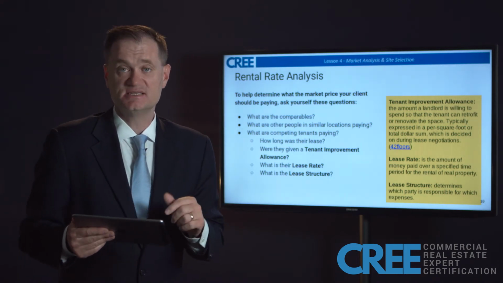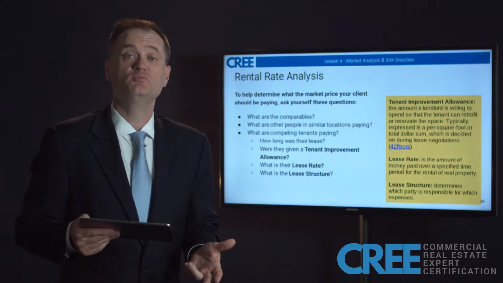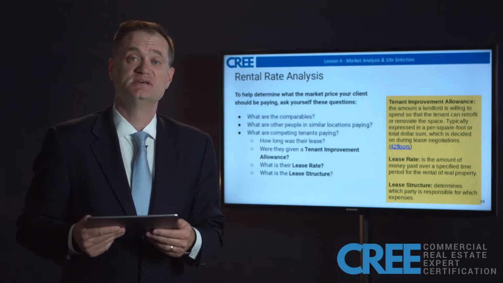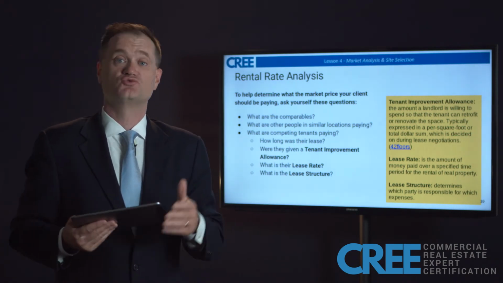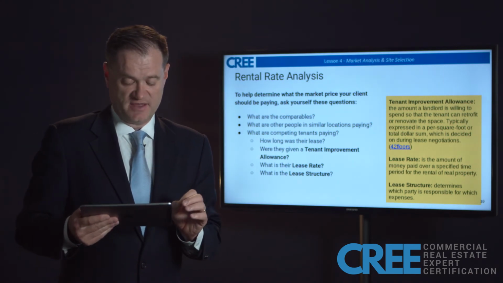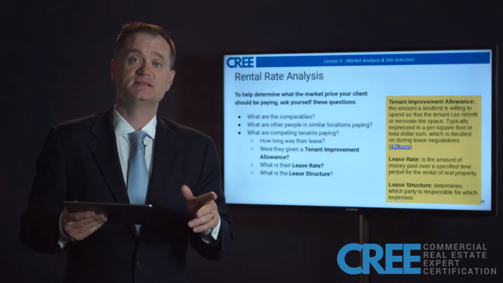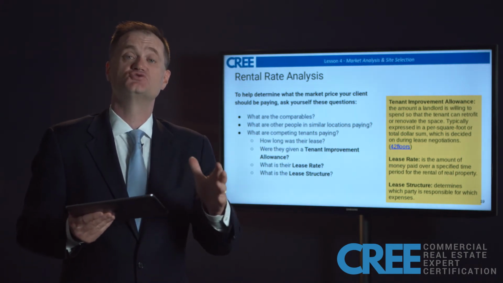How long was the lease? Is it a 3-year lease, a 5-year lease, a 10-year lease? Were there tenant improvements given? TI allowance? Did they give them some concessions, some free rent? Was the lease structure triple net? Was it gross? Need to fully understand that. What is the lease rate? Obviously very important. What are the triple net rates too, if it is triple net?